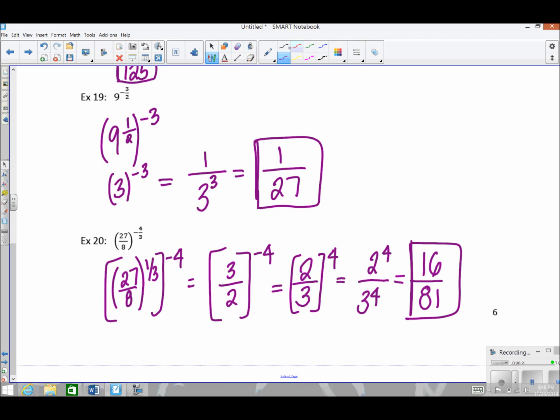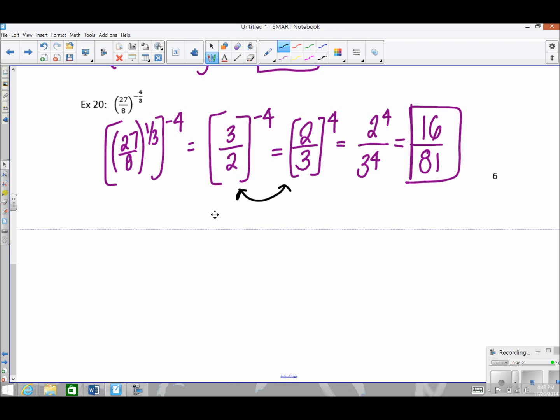So this step that I did is like me saying 1 over 3/2 to the fourth, just like what I did in that previous problem where I took whatever I had raised to the negative and put it in the denominator, so that makes the exponent positive. That's our exponent rule. But because this is 1 over this fraction, this is equivalent to saying, if you remember dividing fractions, keep, change, flip.